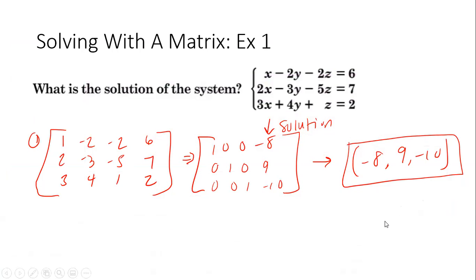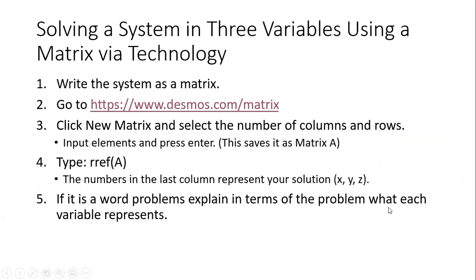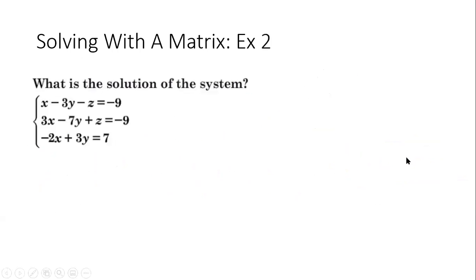And that's it. Okay. So I'm going to do one more, and if you don't need it, then you don't have to hang around. But we have one more to do, and that's it. So here we have x minus 3y minus z equals -9. 3x minus 7y plus z equals -9. -2x plus 3y equals 7.